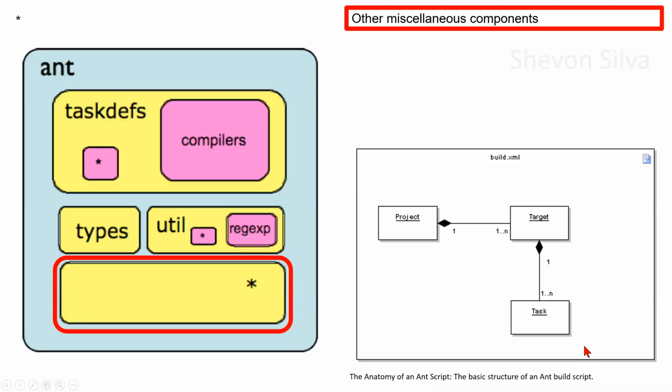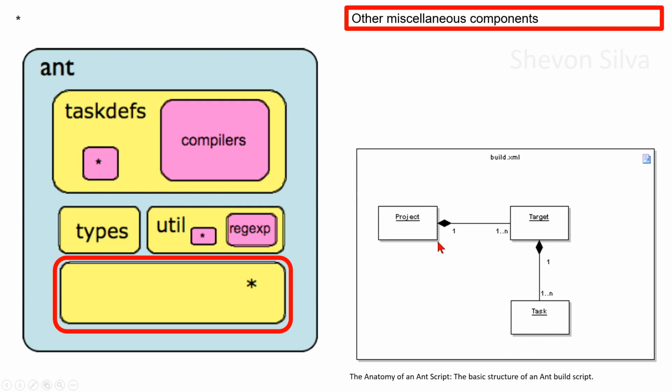Here you can see the basic structure of an Ant build script. In the anatomy of an Ant script, a typical Ant script consists of a single build.xml file. The root element of the build script is the project tag.